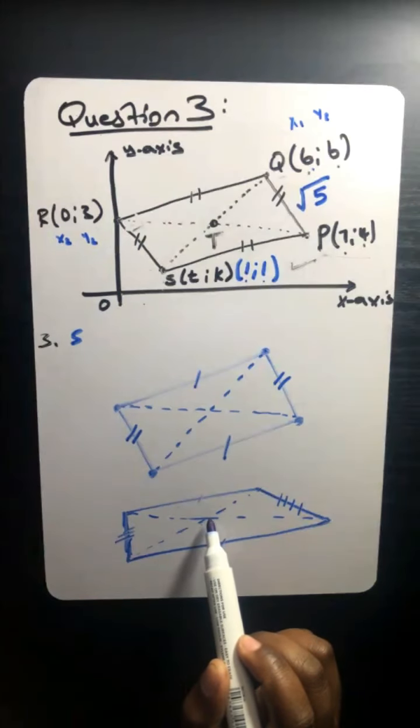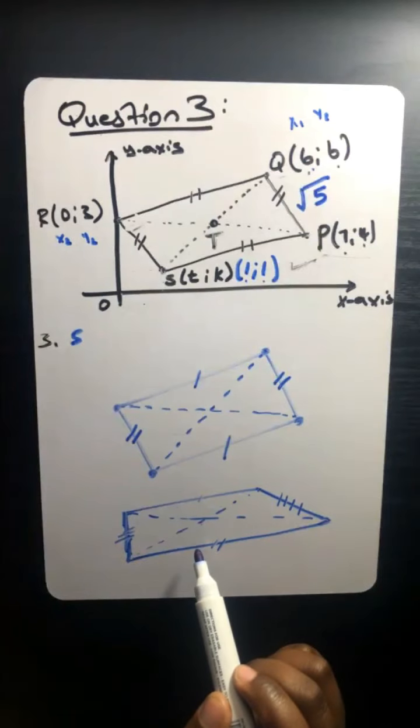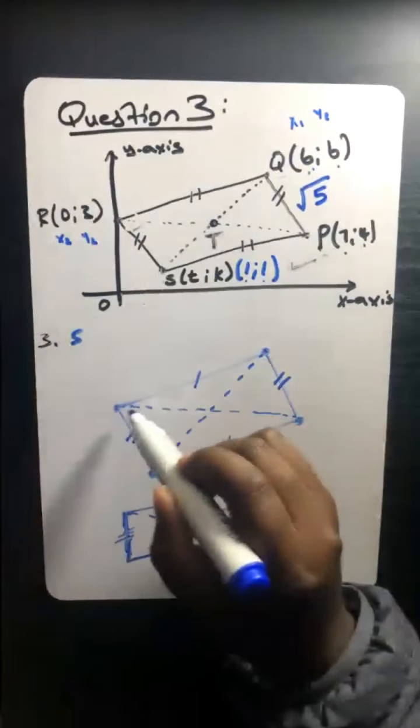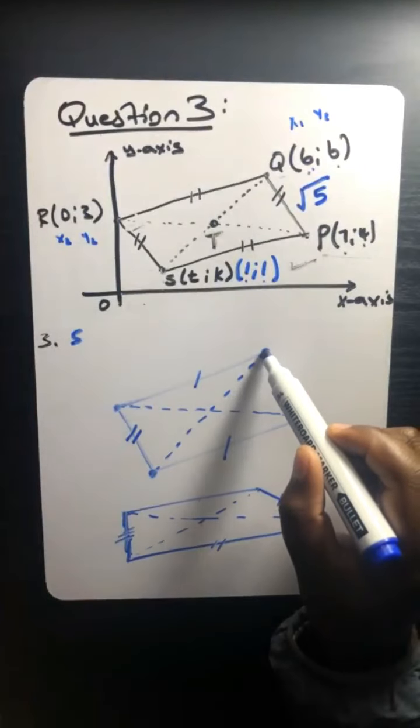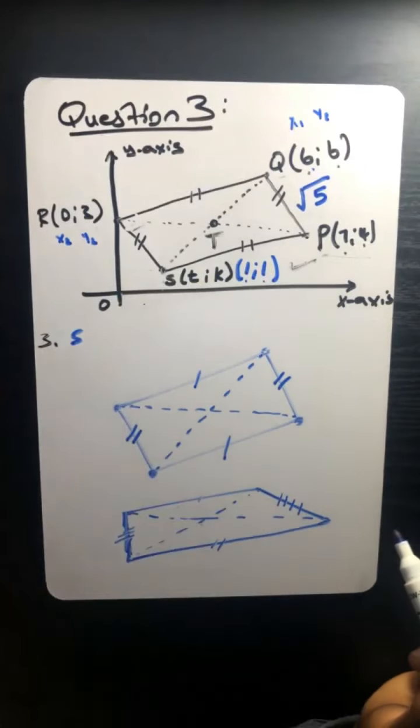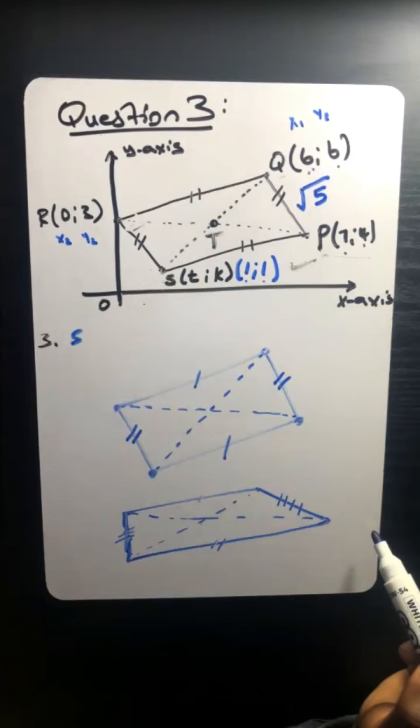I'm just not really sure what else. But for now, what I'm able to explain is that for a rectangle, the lengths of this diagonal and that diagonal must be equal. That is for a parallelogram which is a rectangle. And how do we see it's a rectangle?